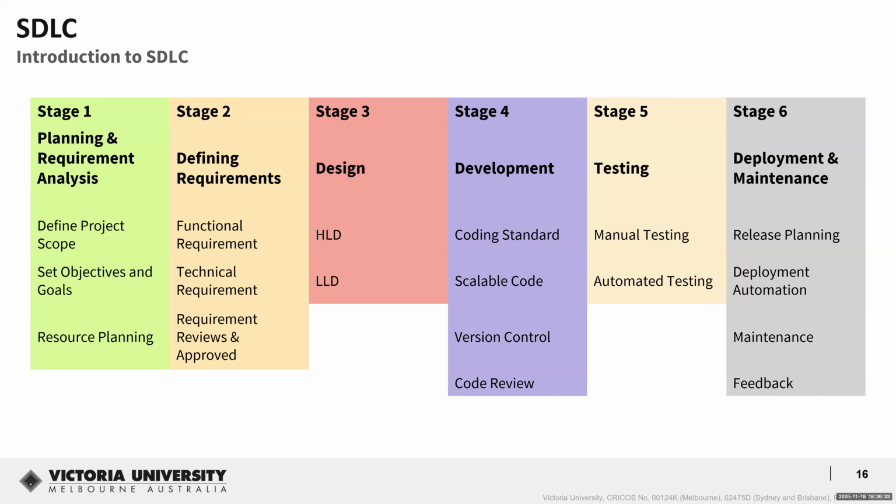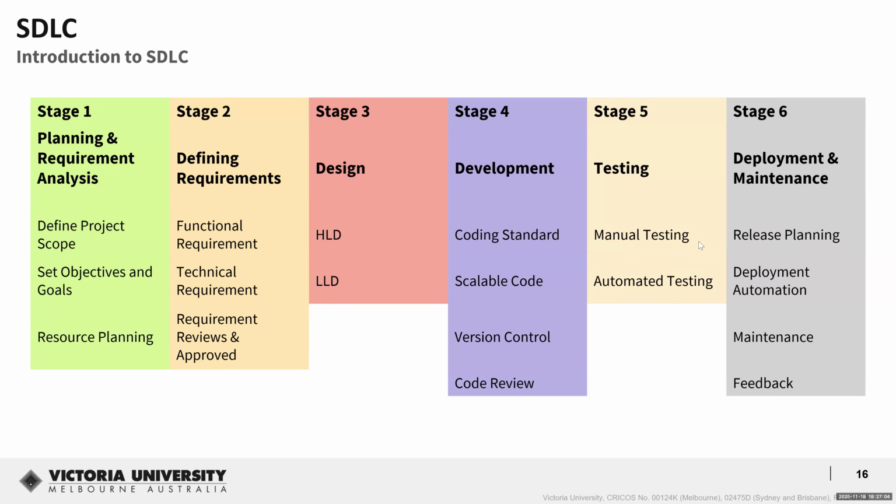Okay, then talking about the requirements: technical requirements in terms of what type of hardware, software, and compatibility, and functional requirements, what it needs to do. Then designing your software. I will talk more about the design. Development is coding your software with different programming languages, version control, standards.